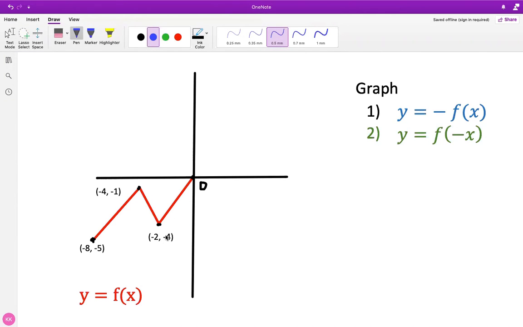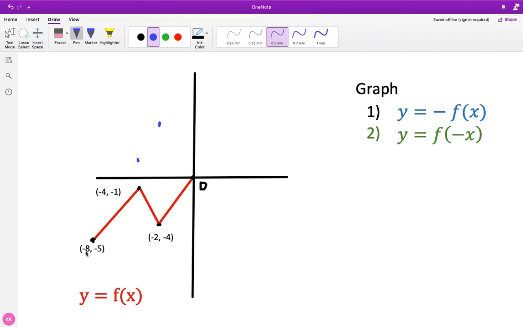Negative 2 and negative 4 is my original point here, and I want to know the new point for this function. This point right here is the new point. What about this one? We have negative 4 and negative 1 here, and the new point corresponds with this one.